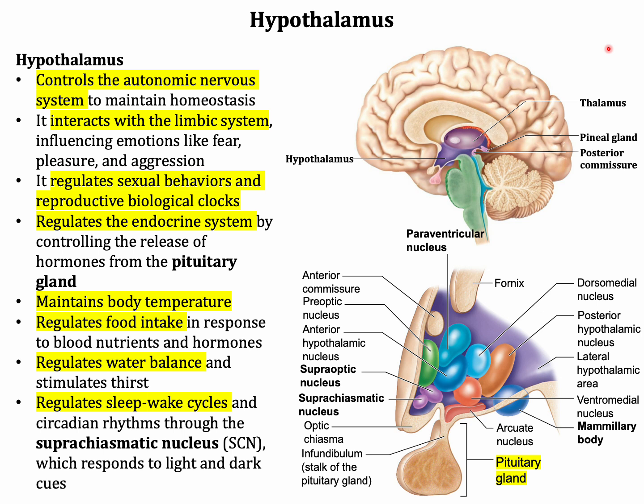It interacts with our limbic system, so it influences our emotions. It regulates sexual behaviors, regulates our reproductive biological clocks. So, particularly for females, really regulating the menstrual cycle.